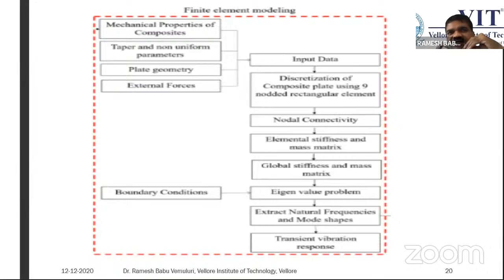As I already discussed previously, you consider the composite, which has now become a plate or a shell, as one single layer. That layer we are now going to divide into a number of elements.